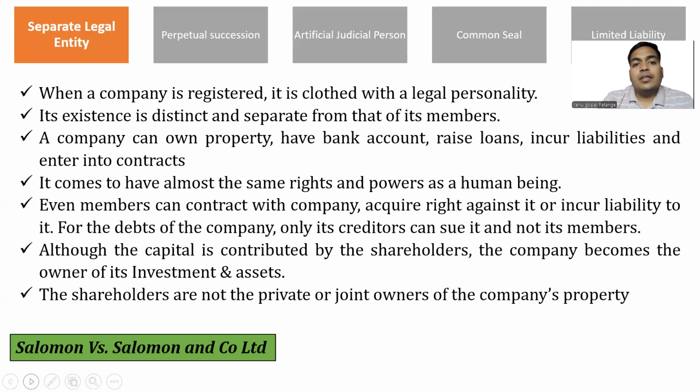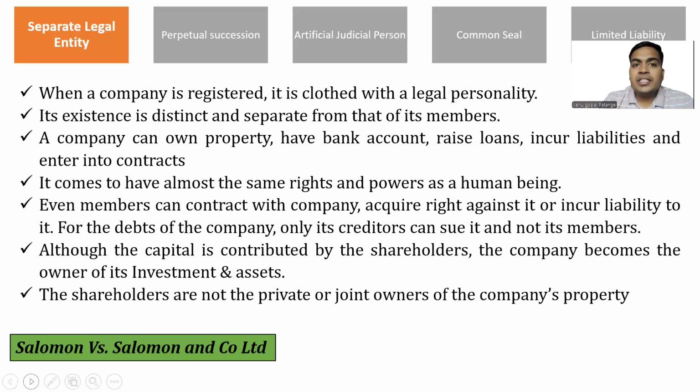The case went to court. The court decided that Salomon and Company Limited are different from a legal perspective. The strangers, the outsiders, the third-party lenders to Salomon and Company Limited claimed that both are one, but the law tells that both are different. Salomon and Company Limited has a separate legal entity.